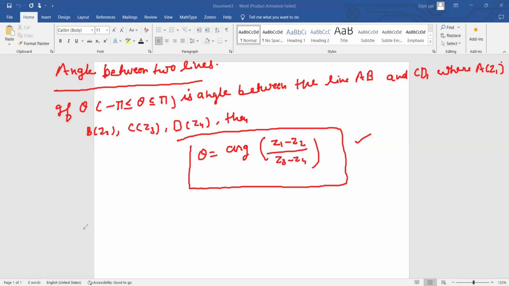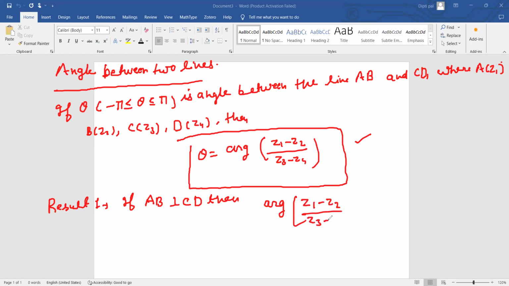Now there are some results. The first result is that if AB is perpendicular to CD, then the argument of (Z1 minus Z2) upon (Z3 minus Z4) is plus or minus pi by 2.